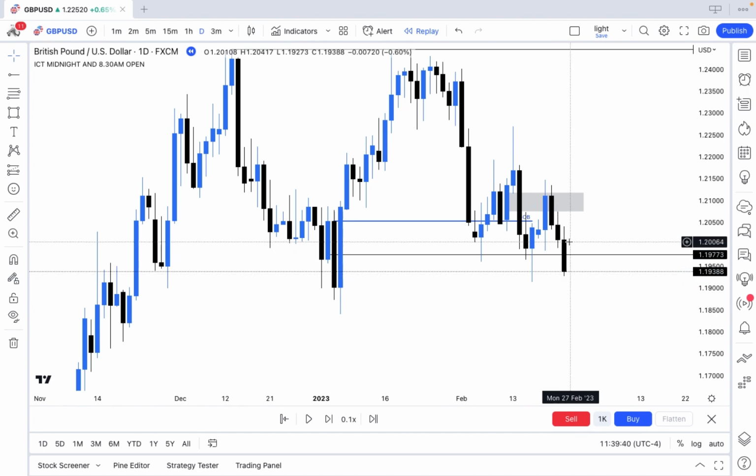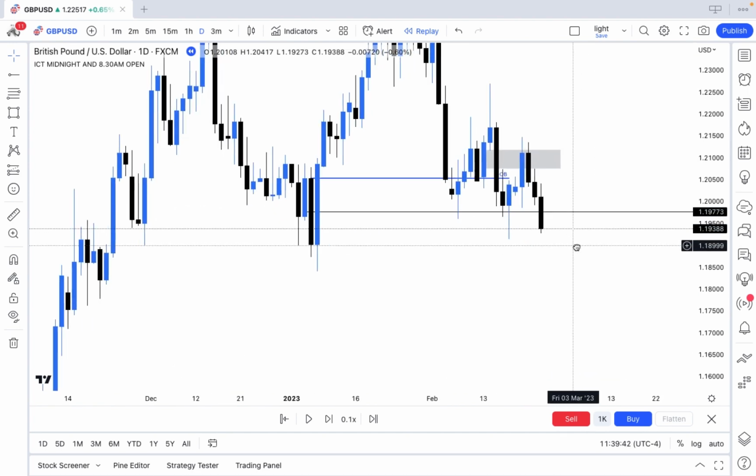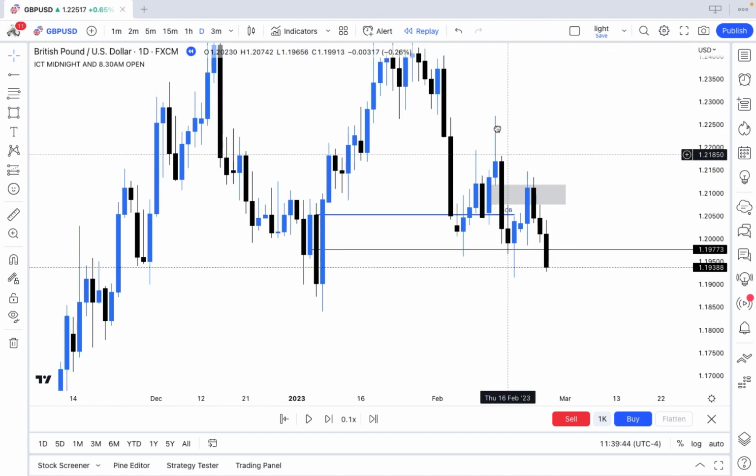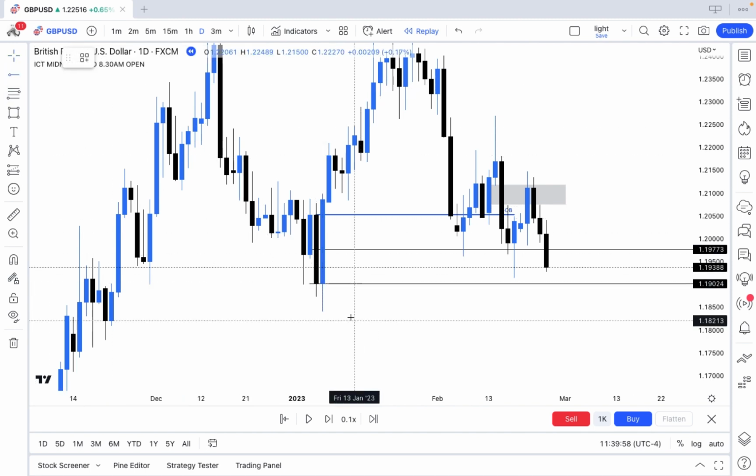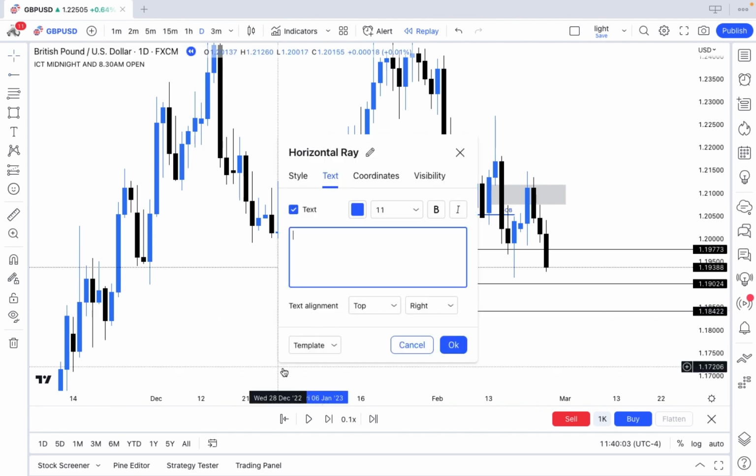Okay, so on this day we closed below the bullish order block, and now I can be pretty confident that if this sell move has to continue, price can at least come below the closing price of this bearish order block or the opening price of this bullish candle, and perhaps even come down here to take sell side liquidity. Sell side.